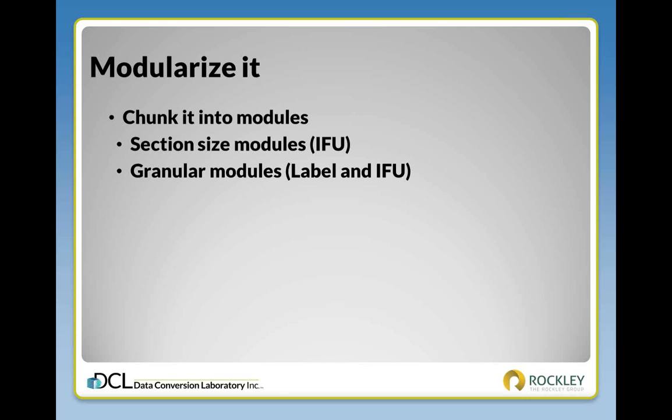So every time you've got a title, boom, chop, that's a module. And it could be a second level head, a third level head, that sort of thing. So those make logical modules. But we might also break it down to more granular modules, more like what I showed you with the UDI. Next slide.